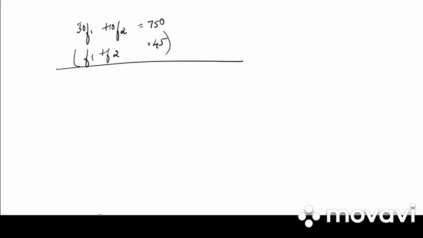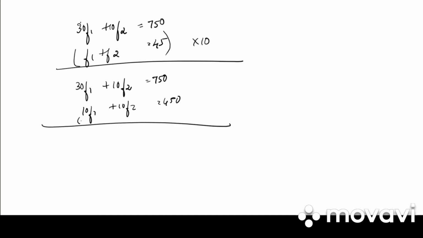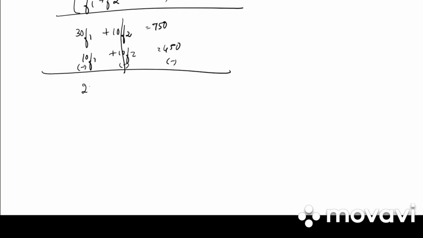If we need to cancel F2, we need to multiply by 10. So in this case, I want to cancel F2. So I am multiplying the entire equation by 10. So first equation will be as it is, that is 30 F1 plus 10 F2 is equal to 750. 10 F1 plus 10 F2 is equal to 450. Change the signs. F2 gets cancelled.